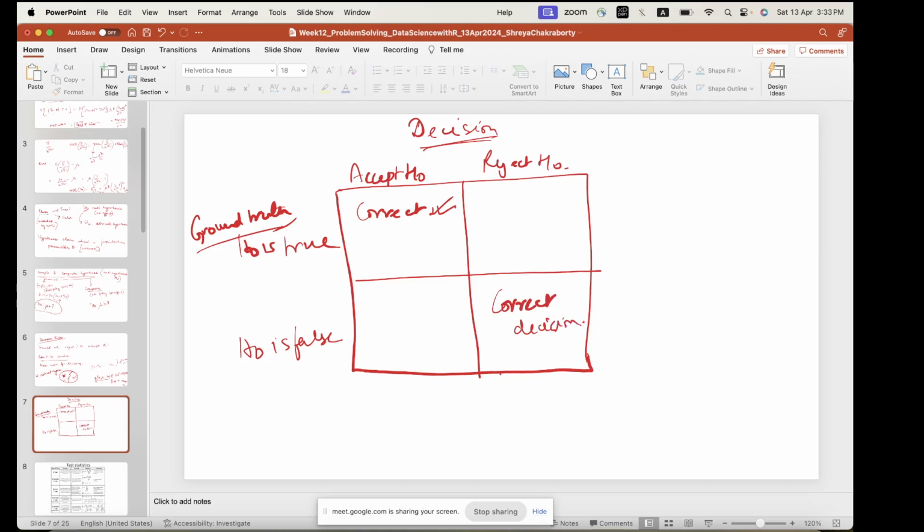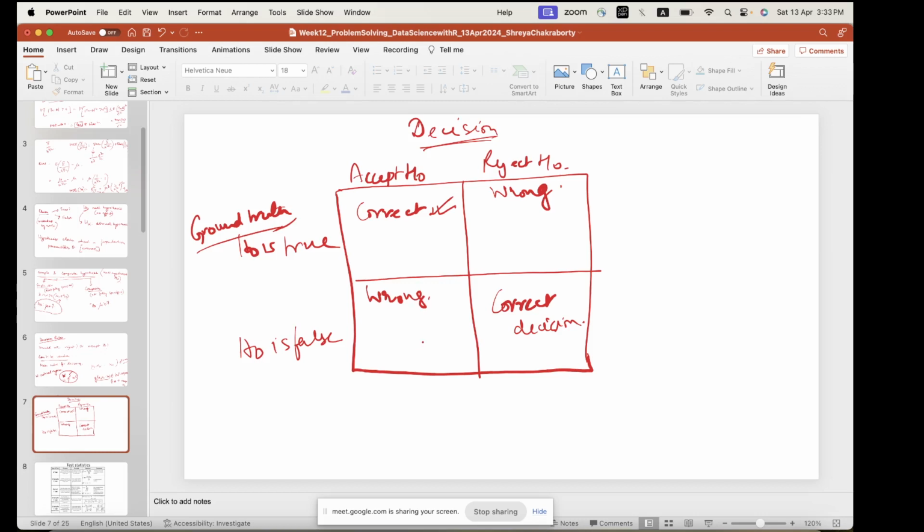Okay, but rejecting H naught given H naught is true is absolutely a wrong decision, and this is also a wrong decision, when we know H naught is false but we are falsely accepting. Okay, so both of these are wrong decisions.